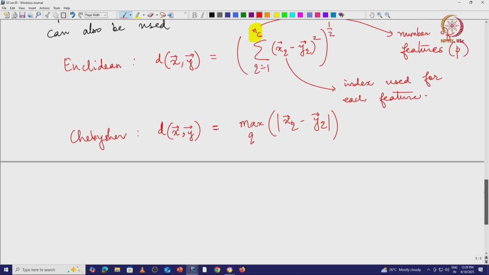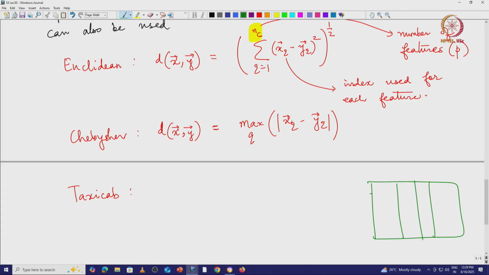So, that is the Chebyshev distance, and finally there is something called taxi cab distance. This is when you have a grid of roads, and on this grid you can't really move in a diagonal direction.